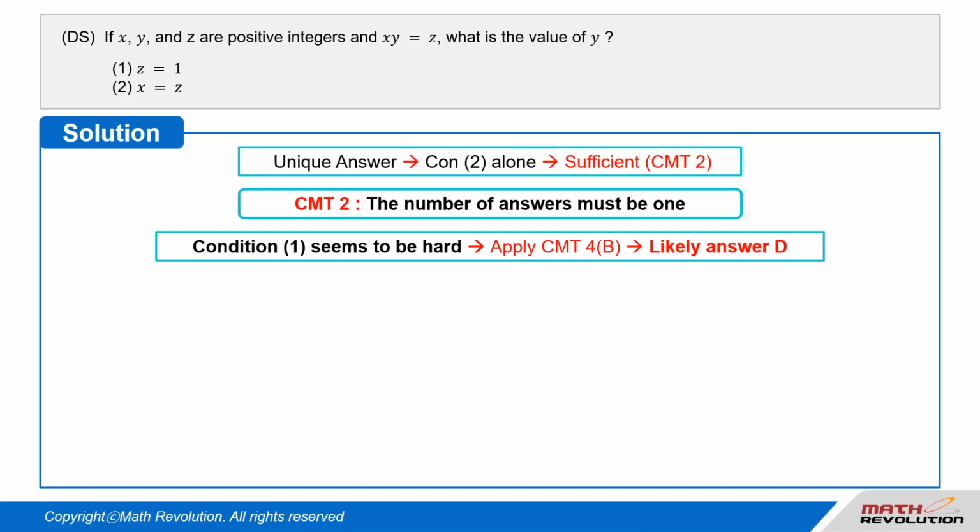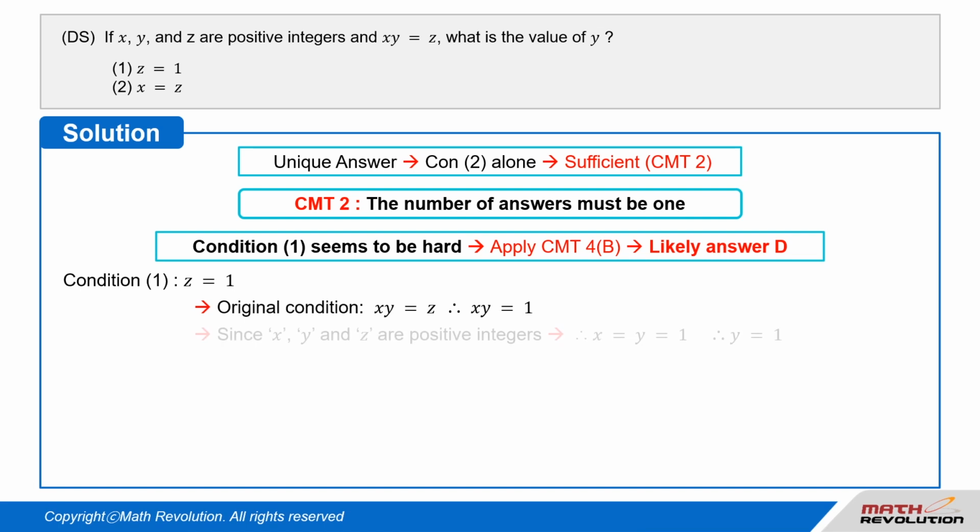Now, condition 1 appears to be more difficult than condition 2, which is pretty easy. So we should look for CMT4B, which tells us that there is a greater probability that D is an answer. Condition 1 tells us that z equals 1. Now, substituting 1 for z in x times y equals z, we get x times y equals 1.